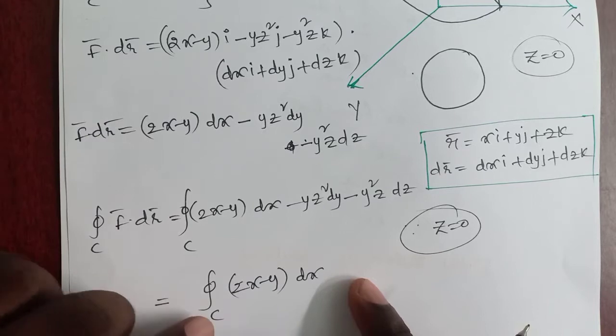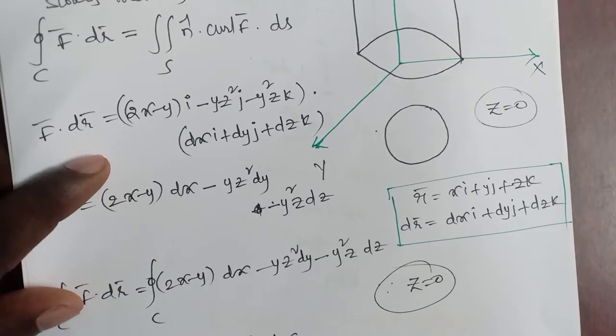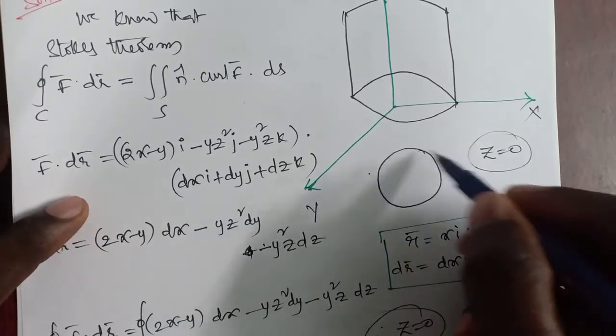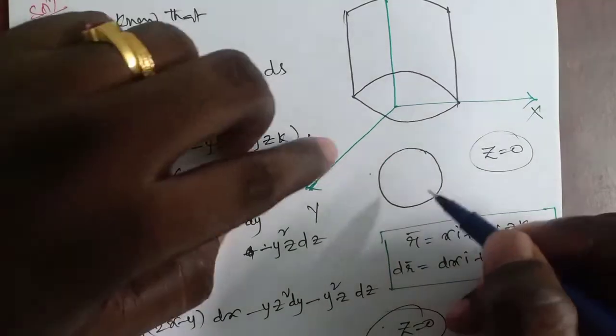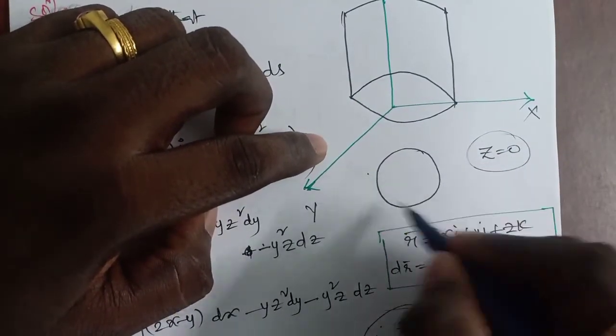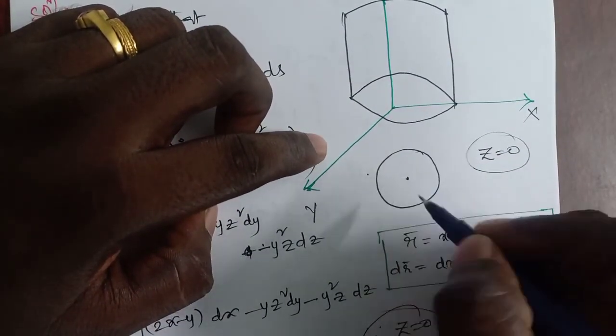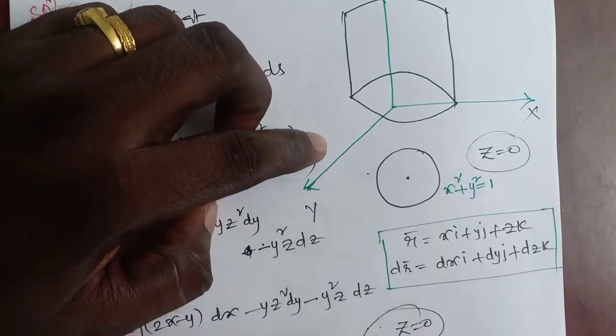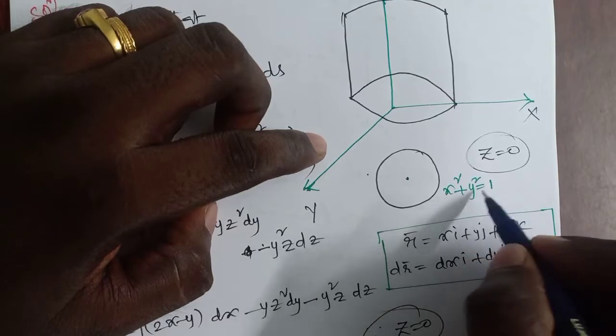Then coming to the boundaries along the curve, now the curve C1. Because it is the projection on the xy plane and z equal to 0, this represents the circle having the center 0, 0, and the equation of the circle is x square plus y square equal to 1.